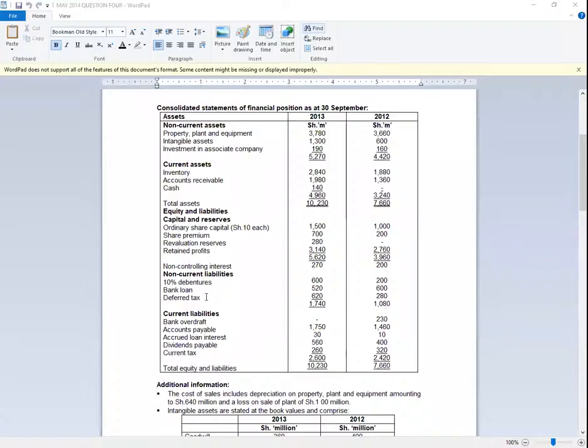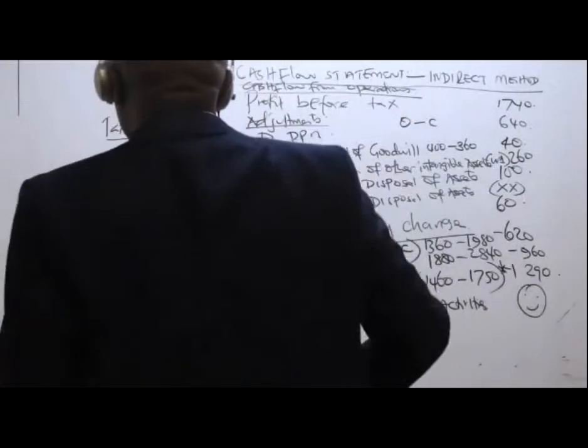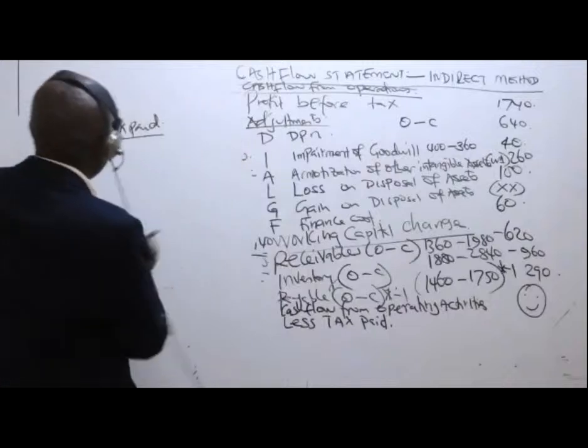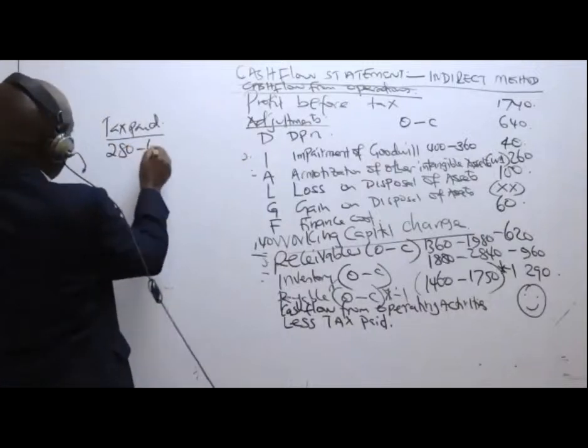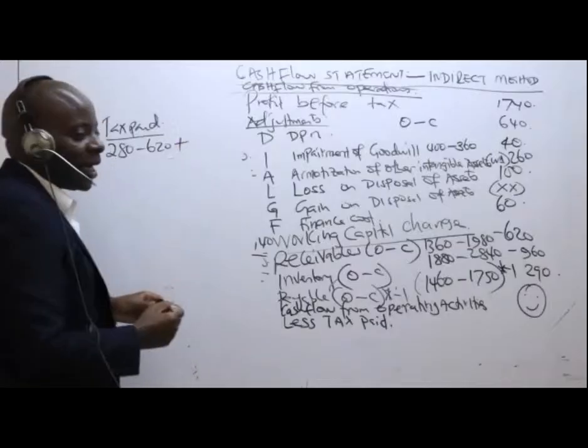First of all, we handle the deferred tax. For deferred tax, I'll take 280 opening minus closing: 280 minus 620. So opening minus closing, plus the current tax.